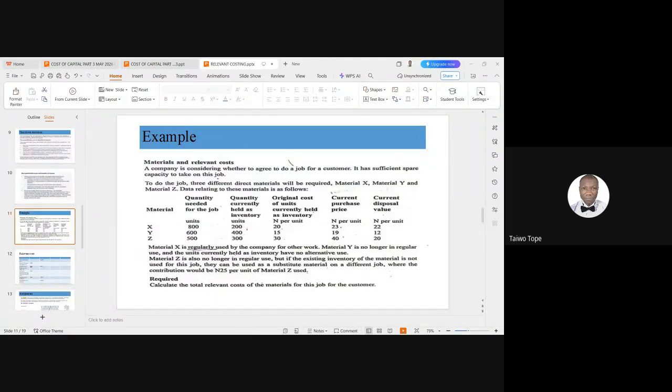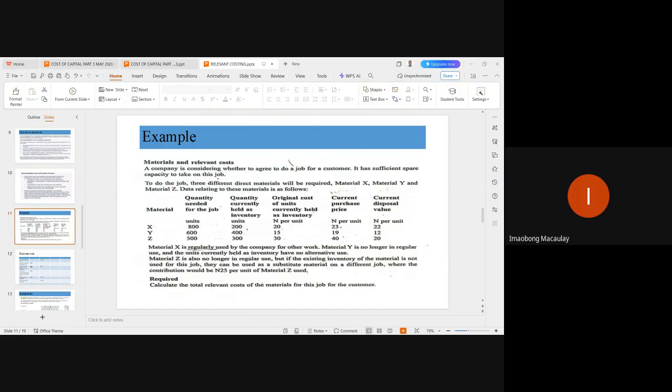Okay, this is nice. Now, the quantity of material Z we have in store is how many units? 300 units. Now, if we use this 300 units to meet up with our current production, what are we losing?